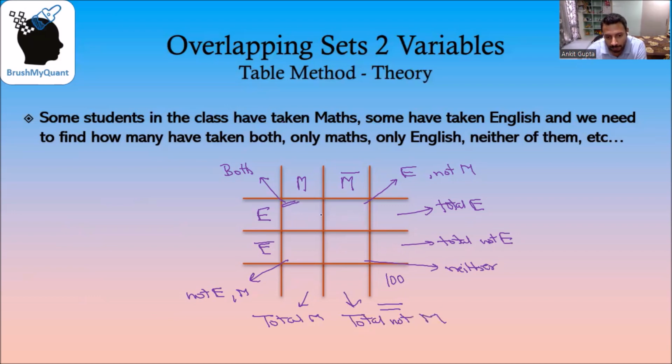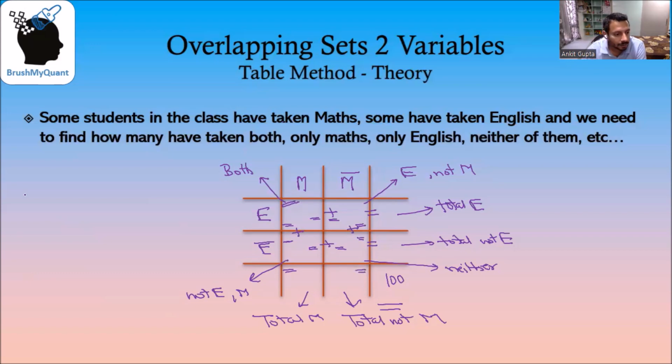And if you go from the rows, this cell plus this cell will always be equal to this cell. This cell plus this cell will always be equal to this cell. Similarly, if you go in columns, this cell plus this cell will always be equal to this cell, and this cell plus this cell will always be equal to this cell.